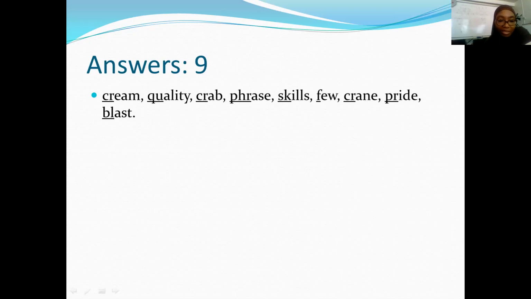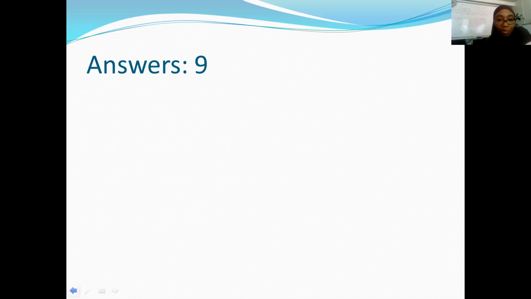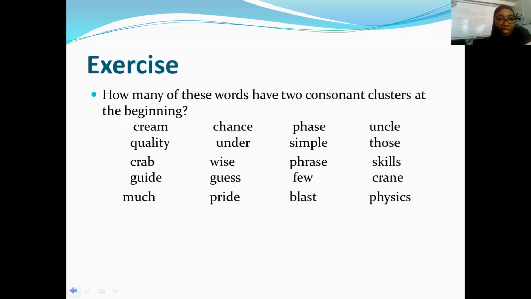Okay, let's look at the exercise again. Let's be sure. I may be right and I might be wrong. So let's look at the words again. How is it 9? The instruction is to identify the number of words with 2 consonant clusters at the beginning.